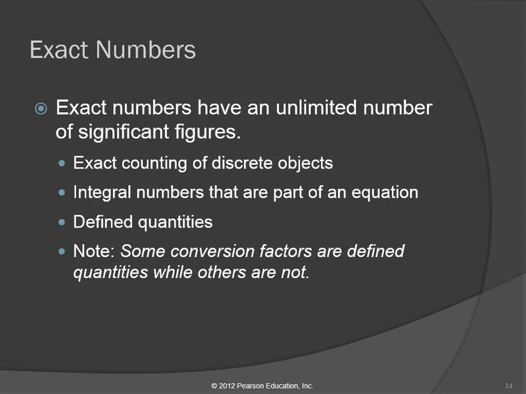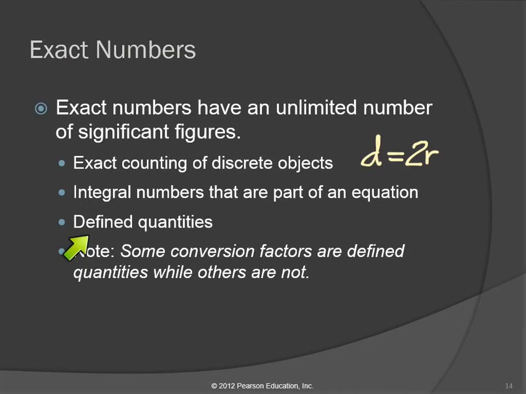Other examples are integral numbers that are part of an equation. Something like the diameter of a circle is 2 times the radius. This number is an integer. An integral number, it's part of the equation. That is an exact number. And so that has an infinite number of significant figures.